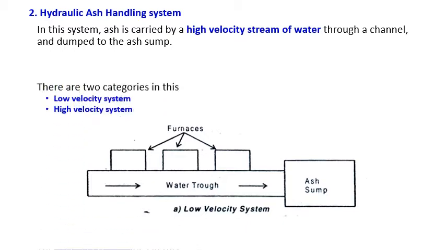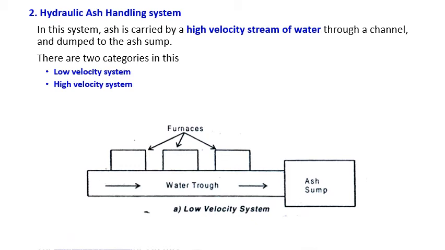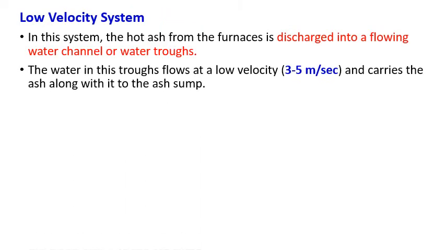There are two types of systems: one is a low velocity system, the second is a high velocity system. Presently we are seeing the low velocity system. Let us understand the low velocity system in a better manner. In this system, the hot ash from the furnace is discharged into the flowing water channel or water troughs.